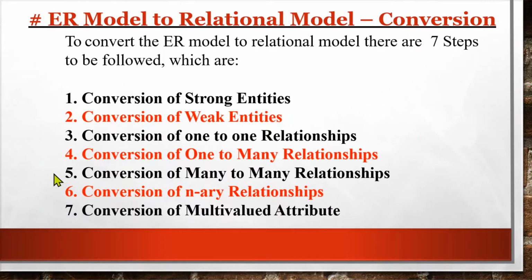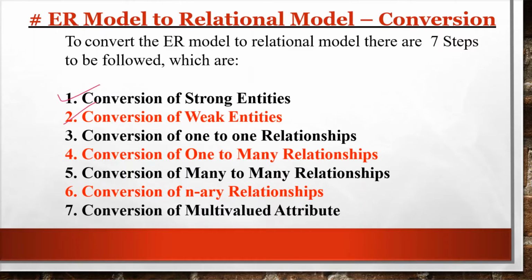Firstly, we need to convert the strong entities, and then how to convert the weak entities. These rules match any situation, and you can directly apply these rules, and after applying them your ER diagram will be converted to equivalent tables.